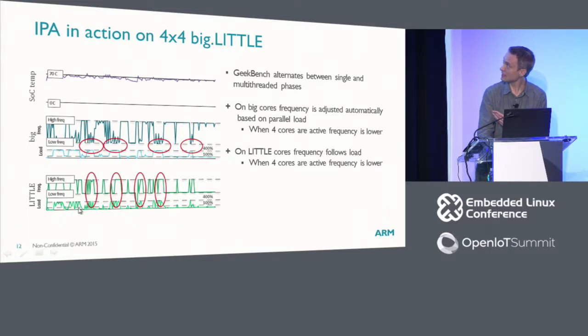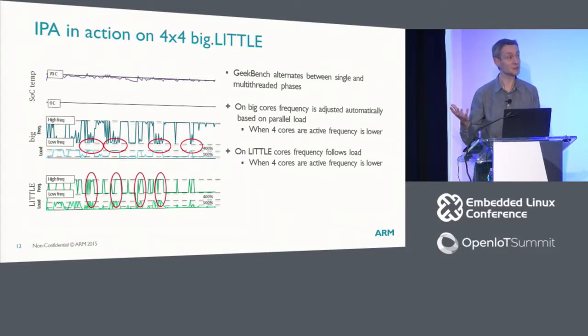And if we compare that with the little cores, where the little cores are running at high frequency, at high utilization, so the high loads on the little cores correspond to high frequency operation. So this shows you that IPA is kind of reallocating the power to the little cores, and they're able to run at maximum performance, whereas the big cores are kind of limited.